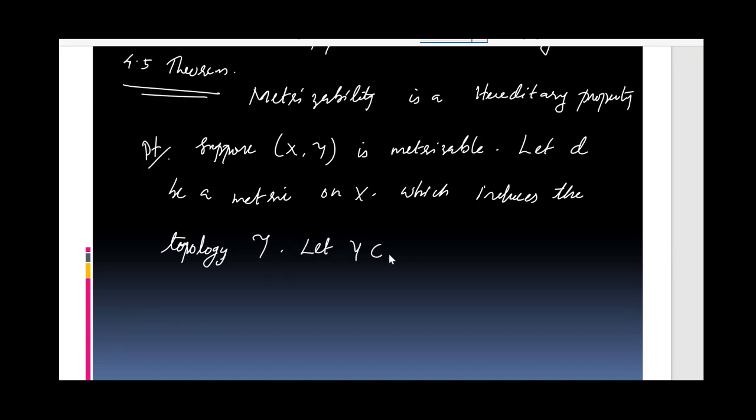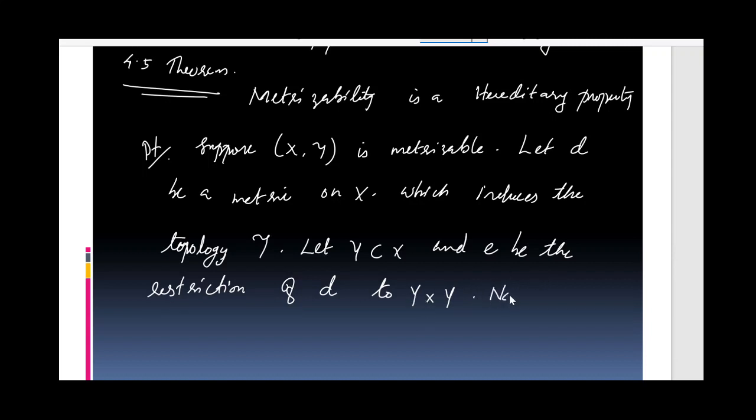Let Y be a subset of X and E be the restriction of the metric d to Y cross Y. Now E is a metric on Y. This you have studied in your real analysis class.